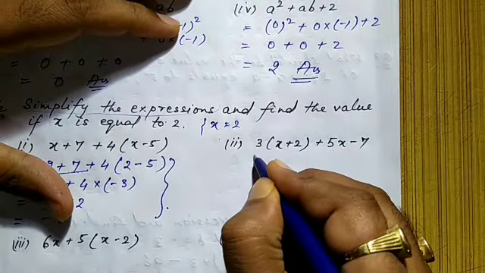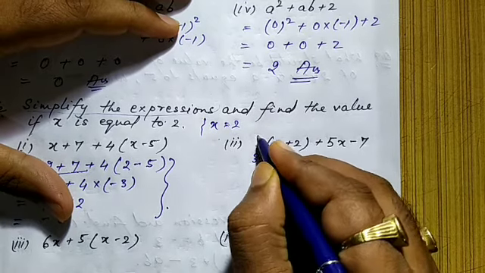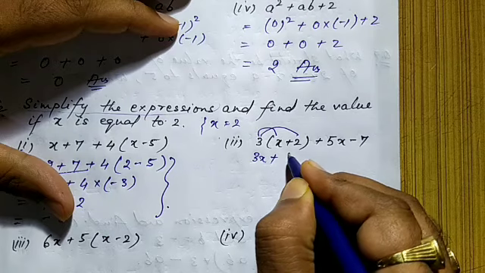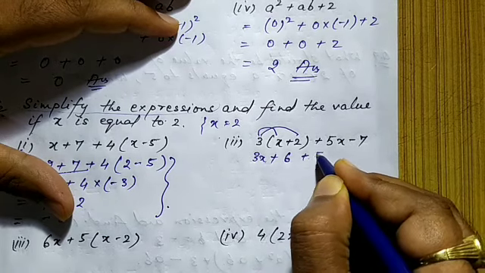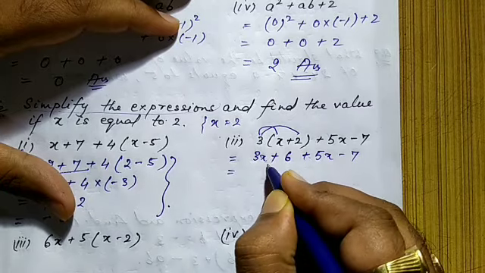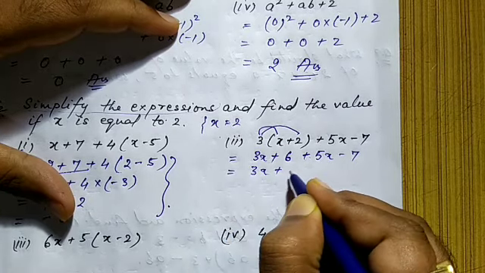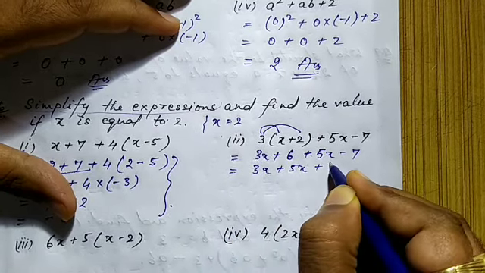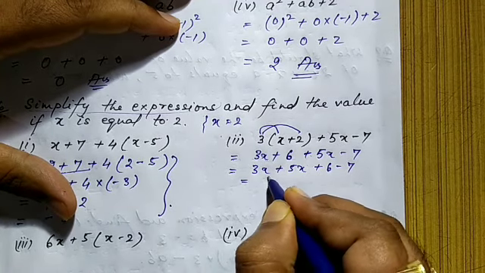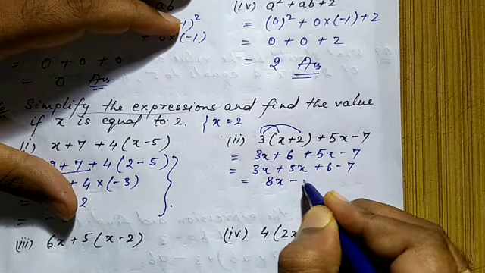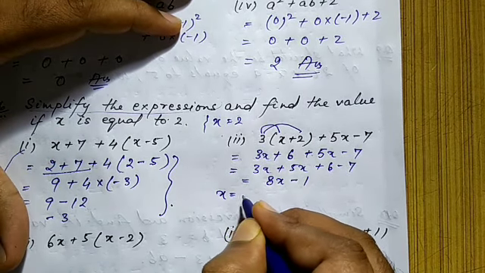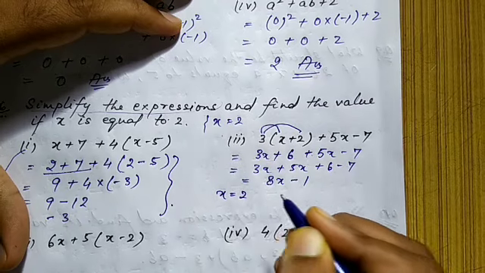First simplify this expression. 3x plus 3 into x and 3 into 2, that is 6 plus 5x minus 7. Okay, 3x plus 5x plus 6 minus 7. 3x plus 5x, that is 8x, here minus 1. Now substitute x is equal to 2.